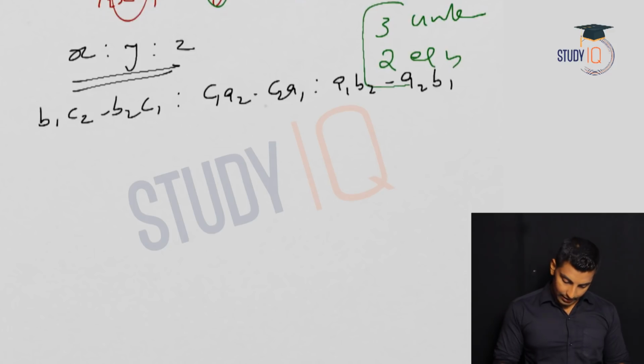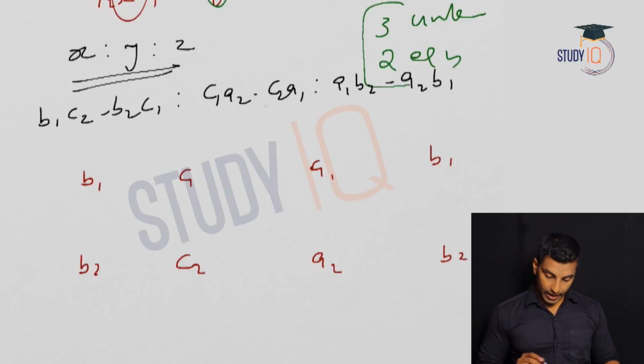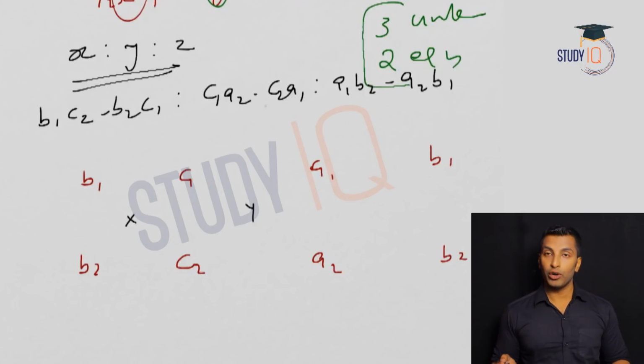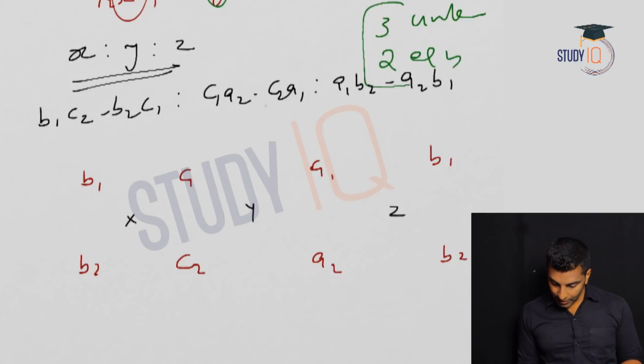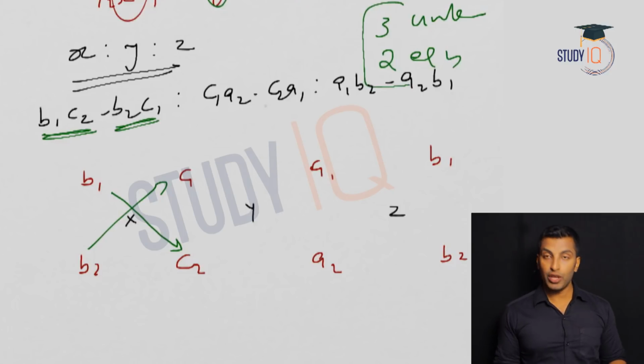You can write like this: b1, b2, c1, c2, then a1, a2, then b1, b2. The first 4 I am going to use for x, the next 4 for y, and the next 4 for z. Now how will you proceed? You start from here, come like this, so you get b1, c2, then you go like this, so you get b2, c1, so you got x.